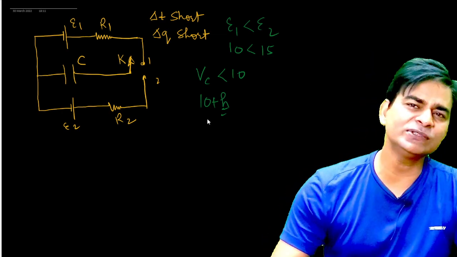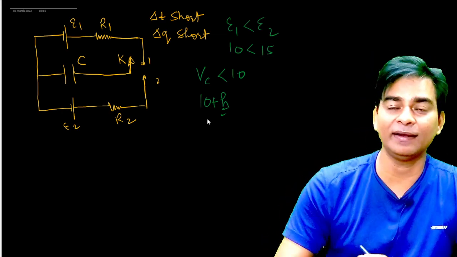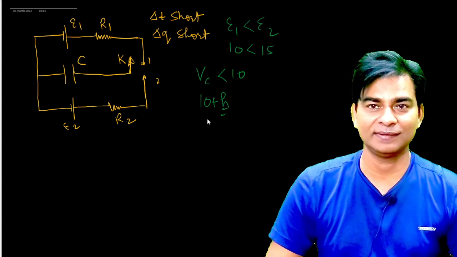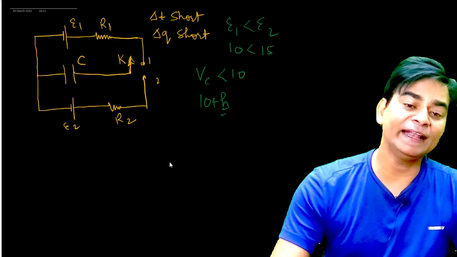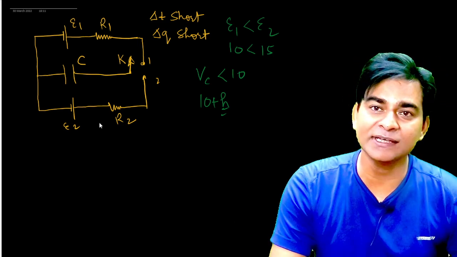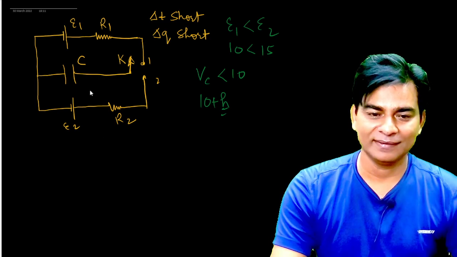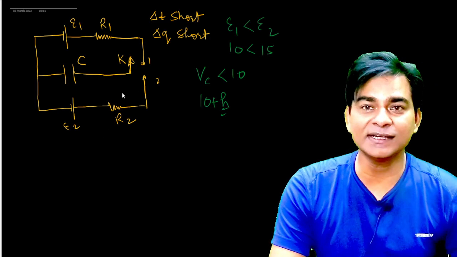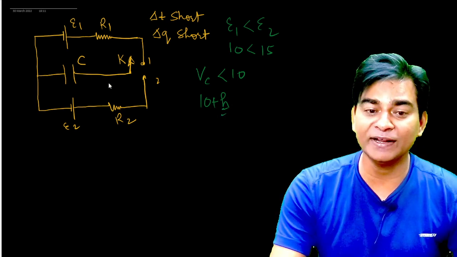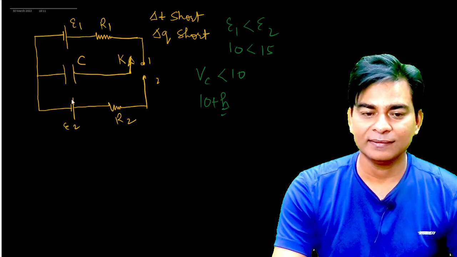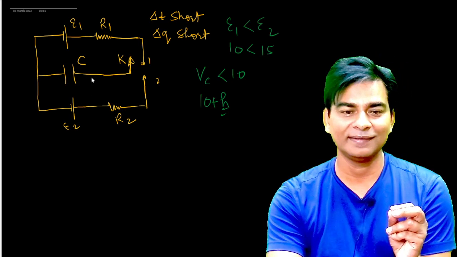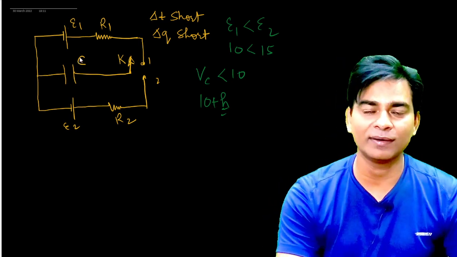Okay. It will lose a little bit of charge to the battery because the potential differences are not very large. Okay. Then again at 2, the battery is at higher potential. It will send some charge, the charge is increased a little bit, but the difference between this second battery and the capacitor voltage is higher and this difference is lower.